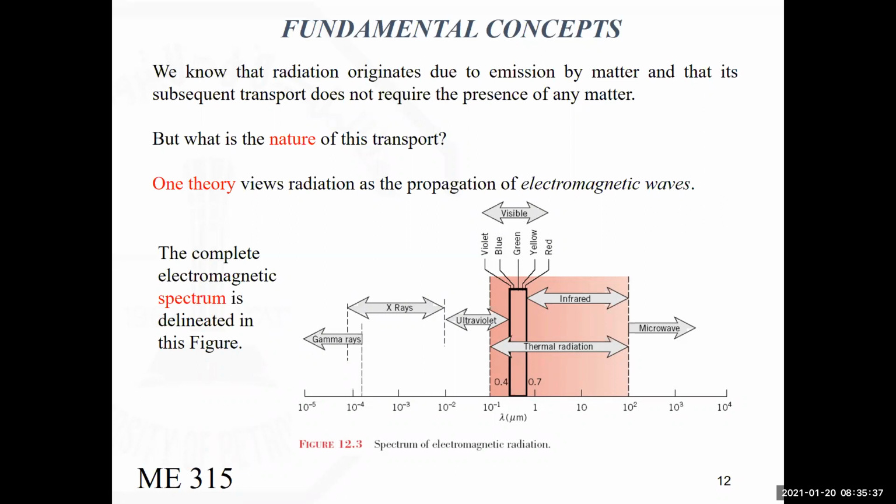I have one surface at very high temperature, another surface at a lower temperature. Each one of them is emitting radiation, but it is the net amount of radiation that we are interested in, because this is, in the end, the net heat transfer rate which falls onto the lower temperature surface.